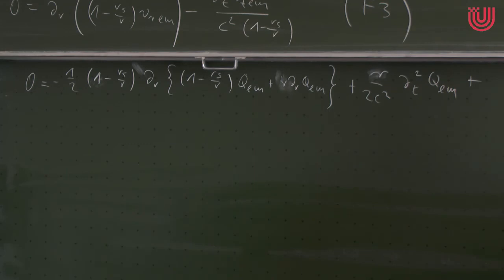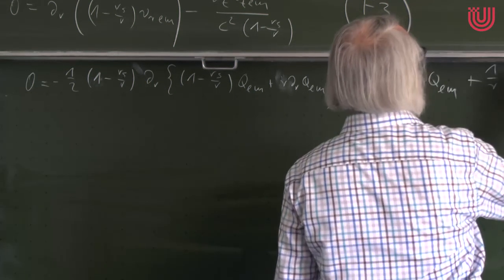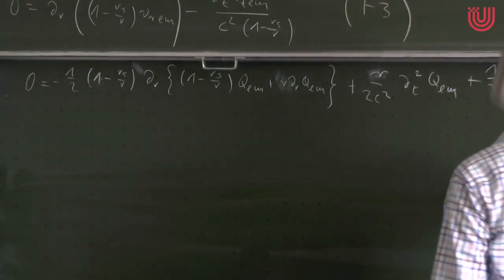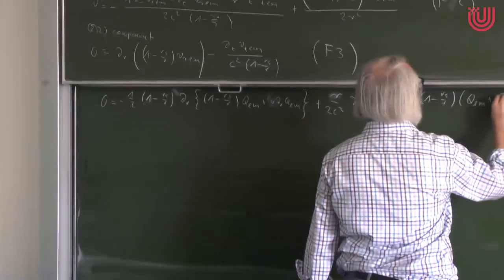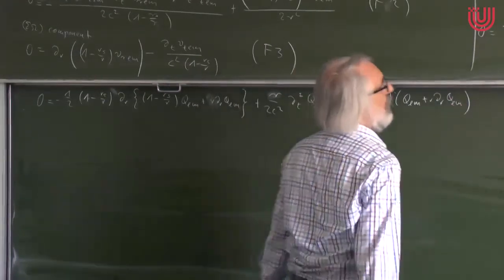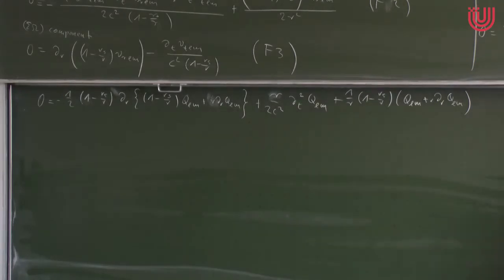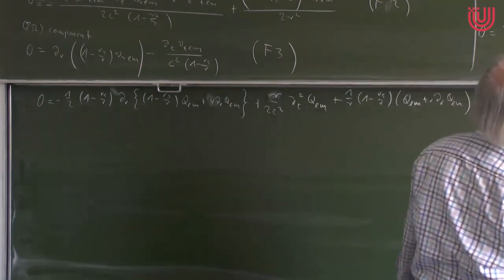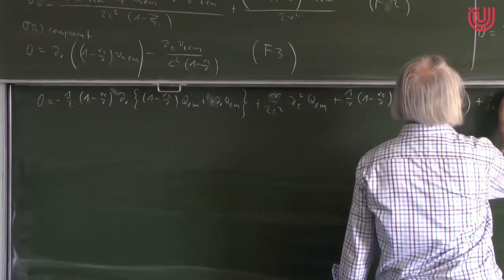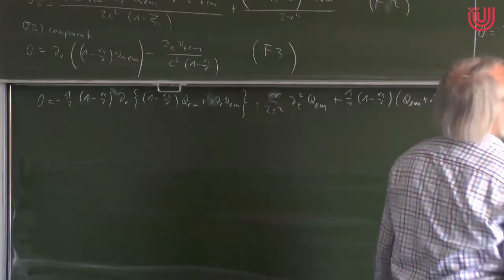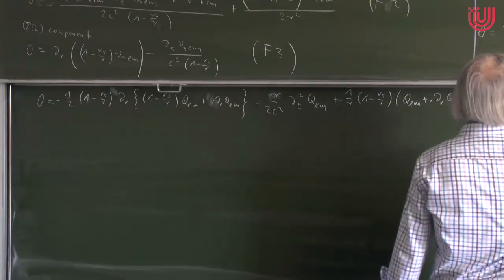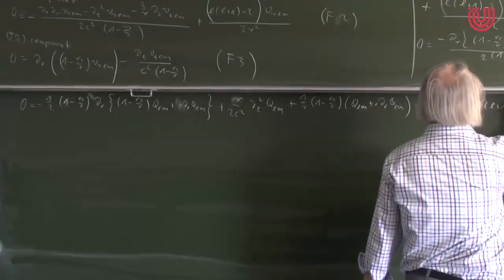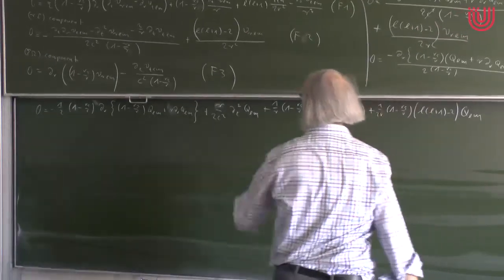It's 1 over r, 1 minus rs over r, QLM plus r dr QLM. And one of the terms cancelled and one comes in addition, so I get plus 1 over 2r, 1 minus rs over r, L times L plus 1 minus 2, QLM. Okay, so the last term is fine.